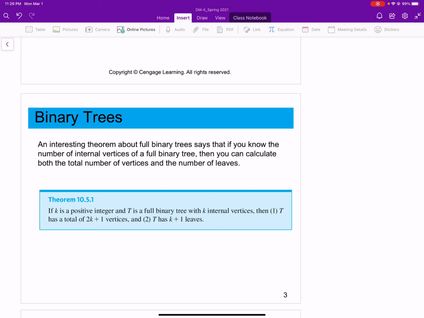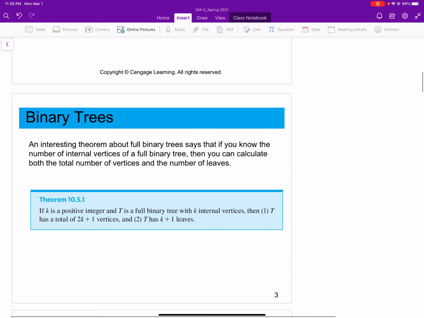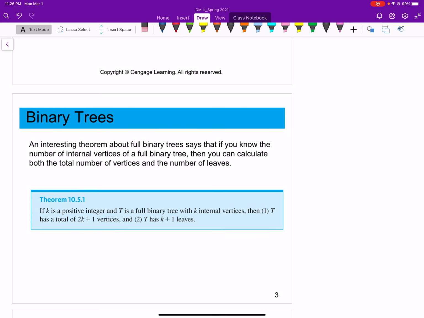If I give you a summary of binary trees: binary trees are trees having a maximum of two children for each parent. It's something like this. For each parent, there are at most two children.